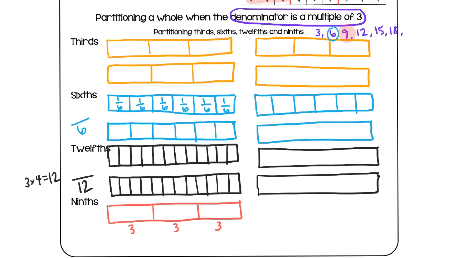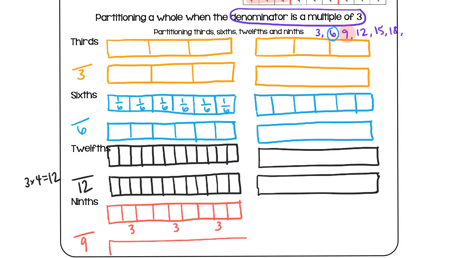So we're going to split each third into thirds. Each third into thirds. Each third into thirds. So, because we have ninths and twelfths here, if we shaded in some of them, we could compare ninths and twelfths, which we will get to.